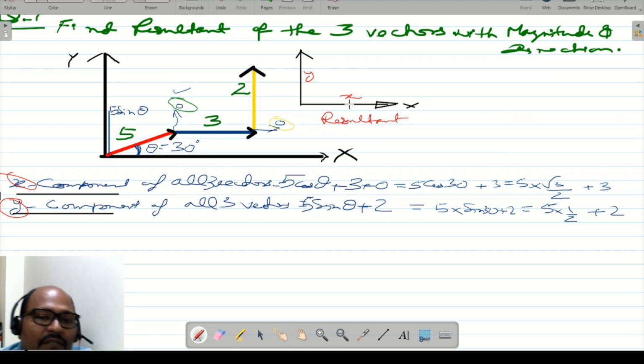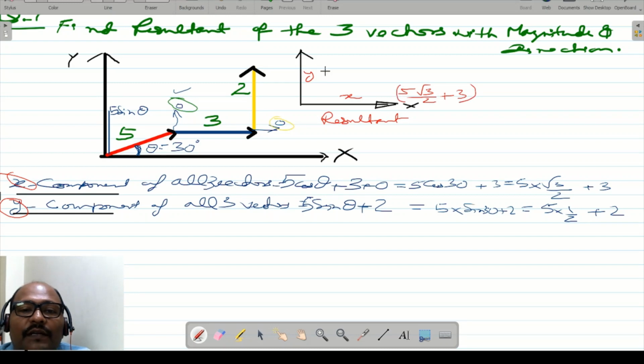So the x component is 5 root 3 by 2 plus 3, and similarly the y component is 5 by 2 plus 2.